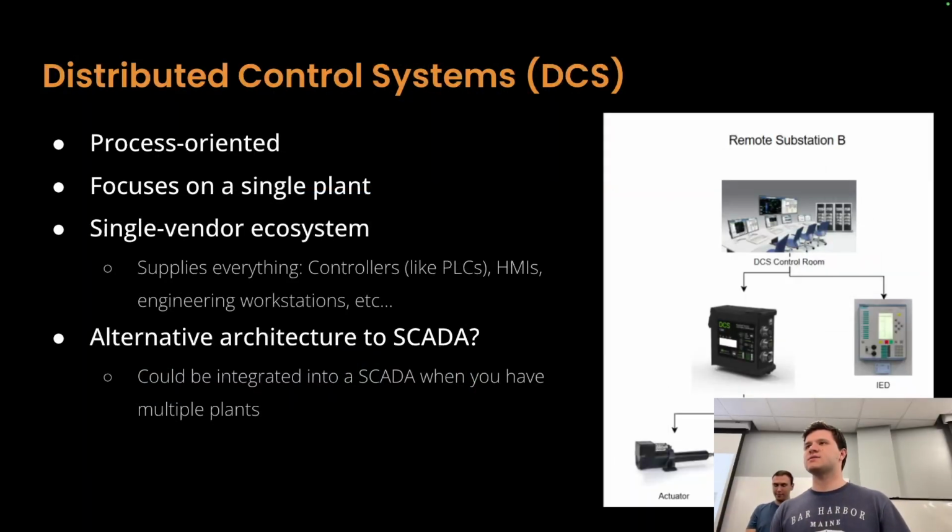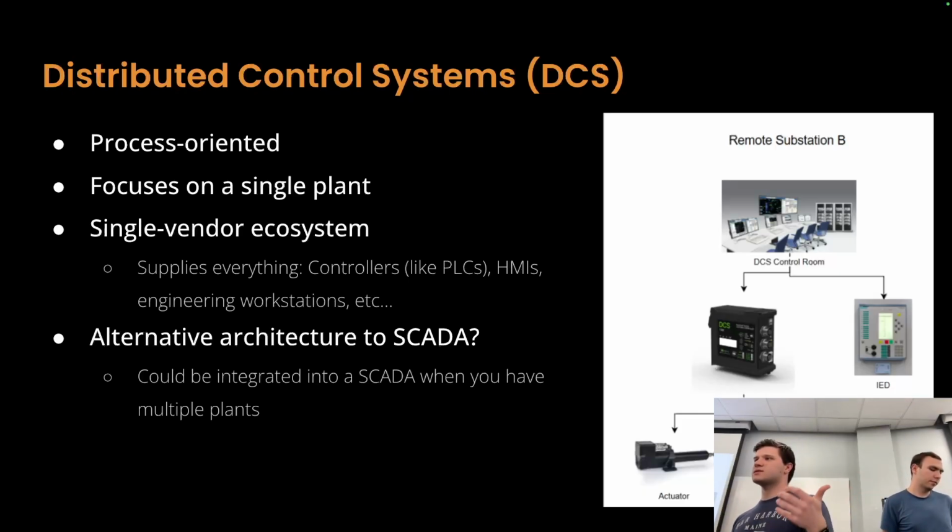So a DCS is similar to a SCADA, but the scope is different. It focuses on a single plant and a single vendor ecosystem. If you're a company building out an industrial complex, you may want to have all of your things easily integrated together.